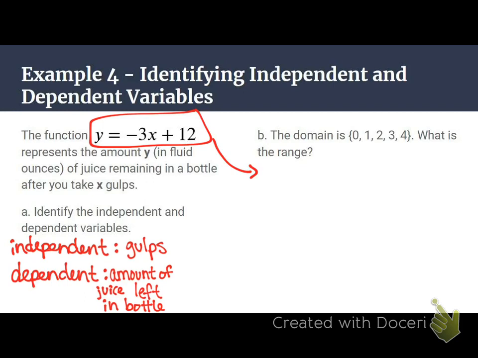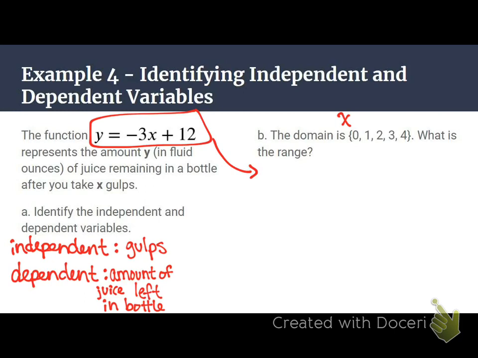Let's take it a step back. Domain is associated with which variable, x or y? X. So if domain is associated with x, what do you think I need to do with these numbers? Put them in for x. If domain is x values, and they gave me domain values, I'm going to plug those in for x. When I plug those in for x, what am I going to be solving for?